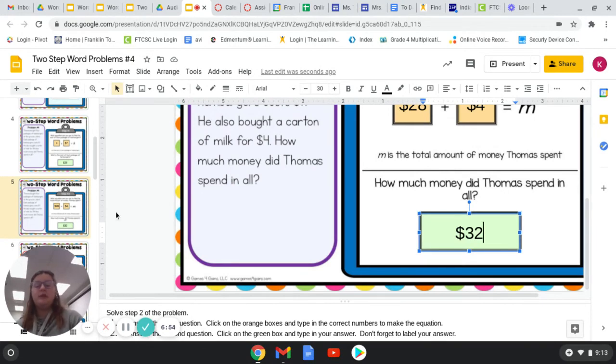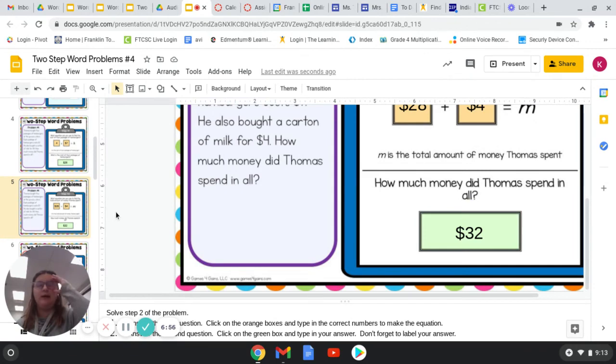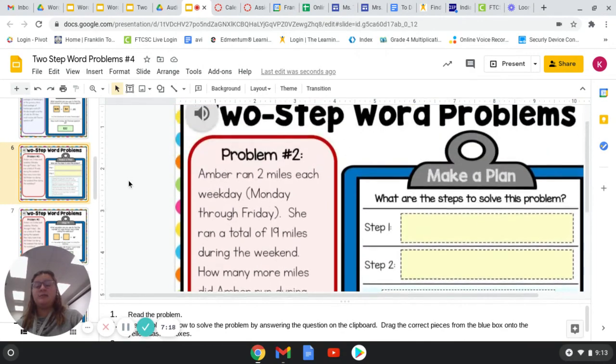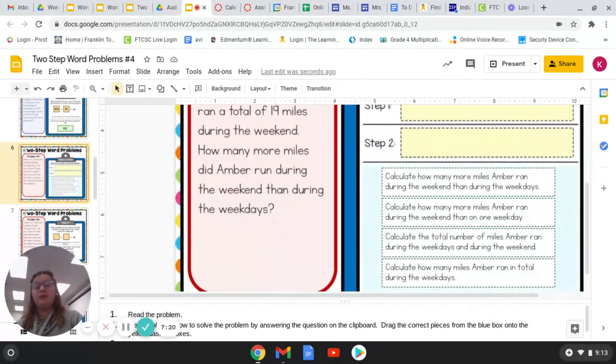Okay, so that was problem number 1. Problem number 1 is split up into 3 slides, and it's going to be the same the rest of the way through this activity. You're not having as many problems to do today, but you're going to have to work through those problems. The rest of the problems are set up very similarly.